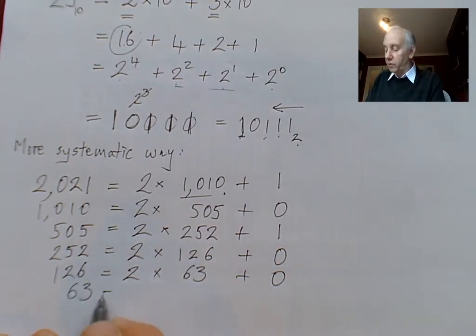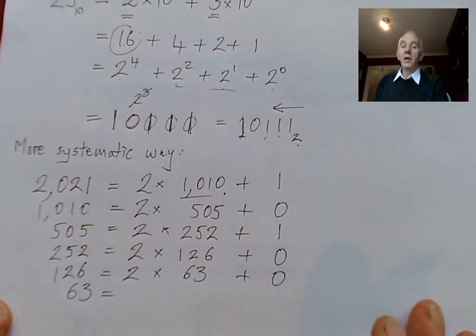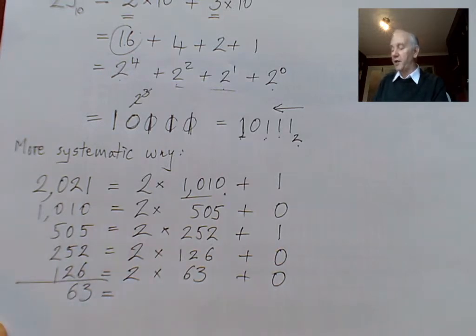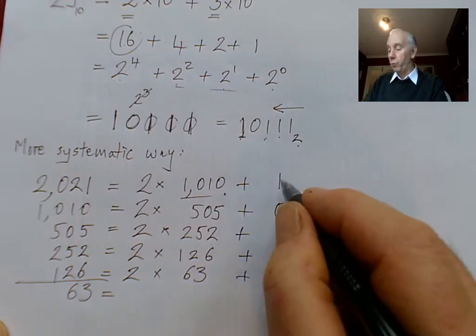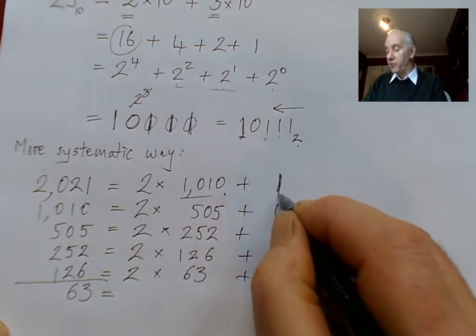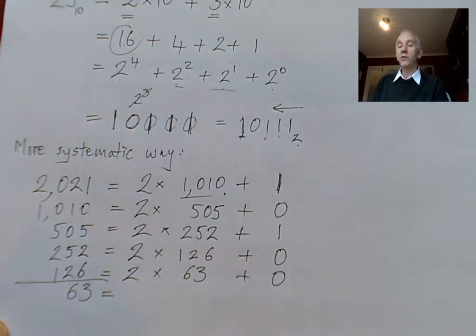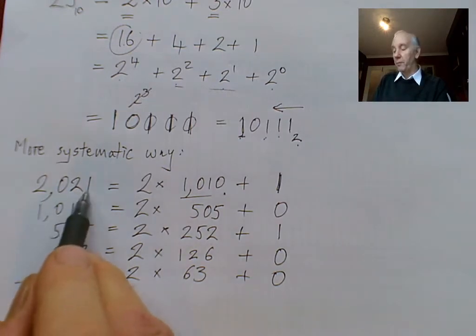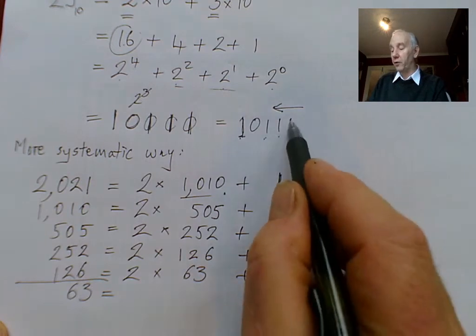63 is equal to, but there's a sort of trick here, because you can pretend you've sort of paused here, and I found the first few digits. This one here will be the digit on the extreme right-hand side, because this is an odd number, so there's going to be a 1 unit on the right.